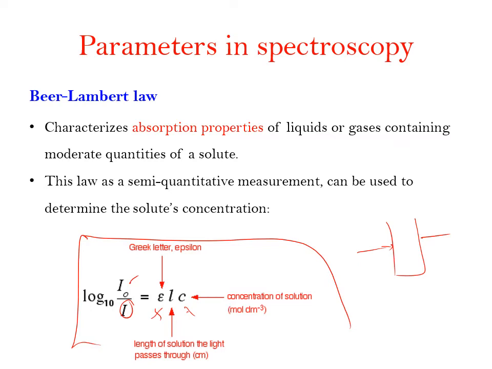So the length could be known in this case. Epsilon, the molar extinction coefficient, is known. The transmitted and incident lights will be measured. The remaining will be the concentration. So concentration of the specific molecules can be calculated using this Beer-Lambert law.